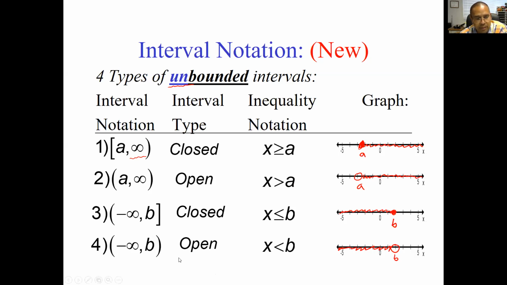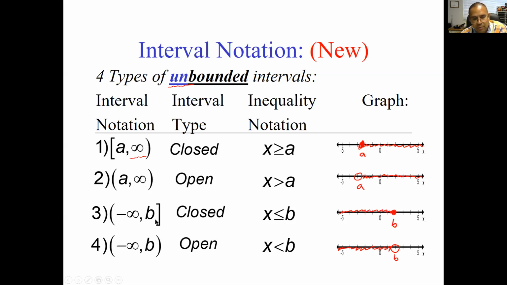So I will point out that if it's on the left and it's open, to this side, then it's always negative infinity on the left. You never put positive infinity on the left. Positive infinity is on the right. These numbers are in numerical order from the number line. So the way you see it on the graph is the way you write the interval.